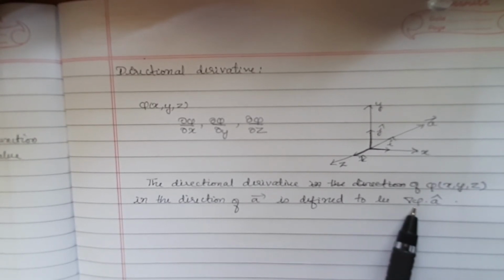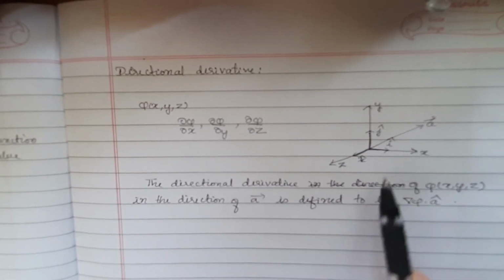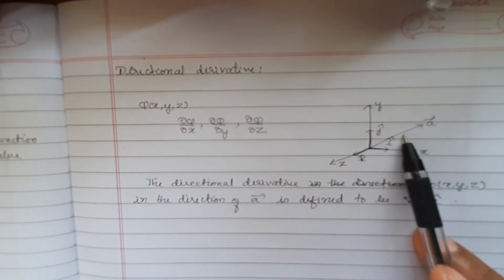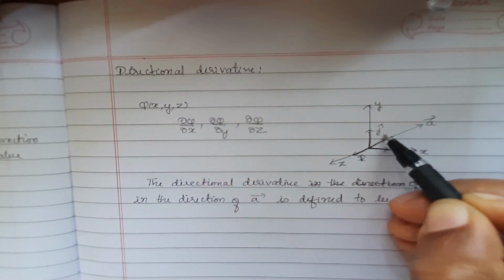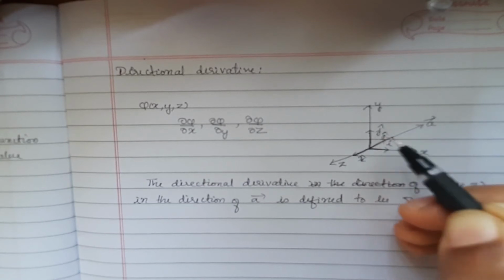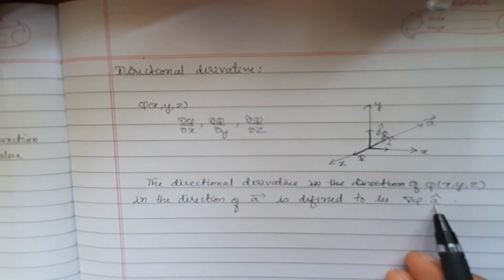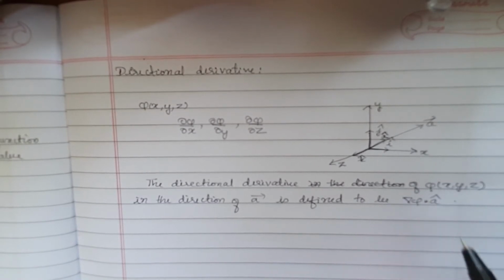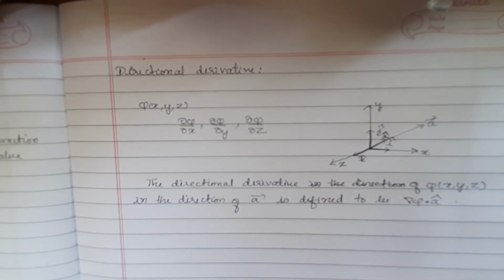The gradient of the scalar field dot product with the A cap. A is the direction in which I want to take the derivative. I simply pick a unit vector in that direction. I will call that A cap. And if I take del phi dot A cap, then that gives me the directional derivative. That means the derivative of the function phi of x, y, z in the direction of the vector A.